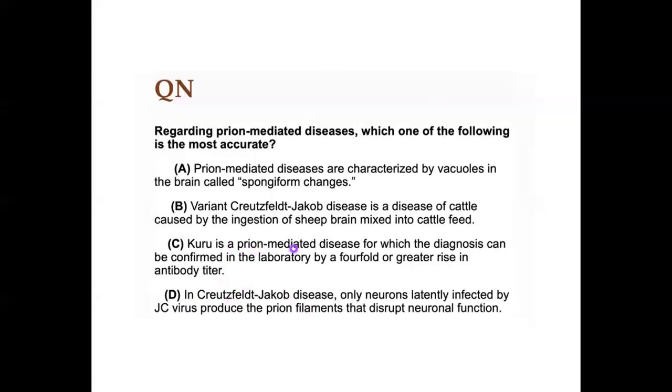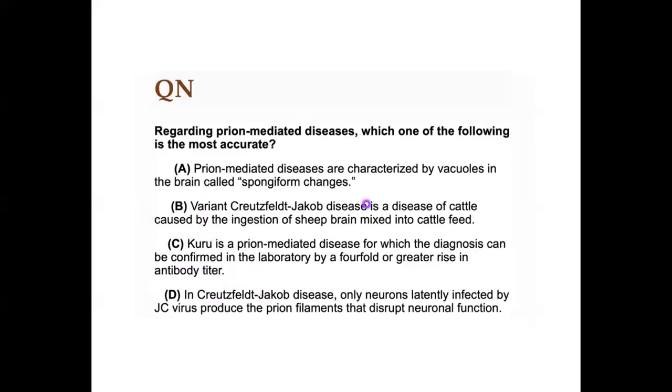C. Kuru is a prion-mediated disease for which the diagnosis can be confirmed in the lab by a fourfold or greater rise in antibody titer. Have we mentioned anything about that? We said, first of all, prions do not induce an immune response. So there's nothing about the antibodies here. So C is wrong.